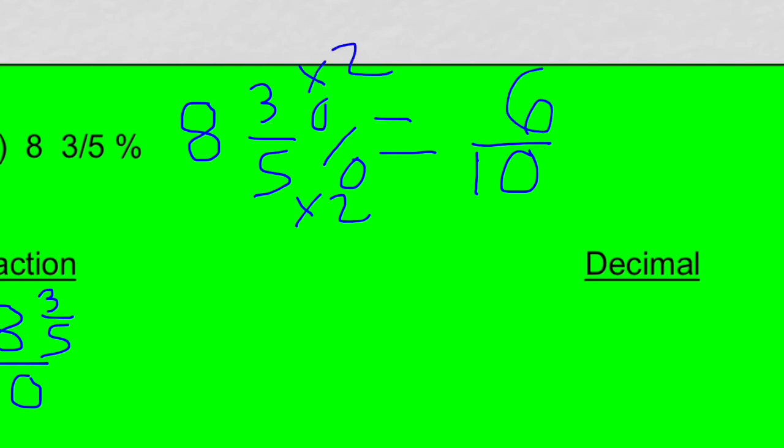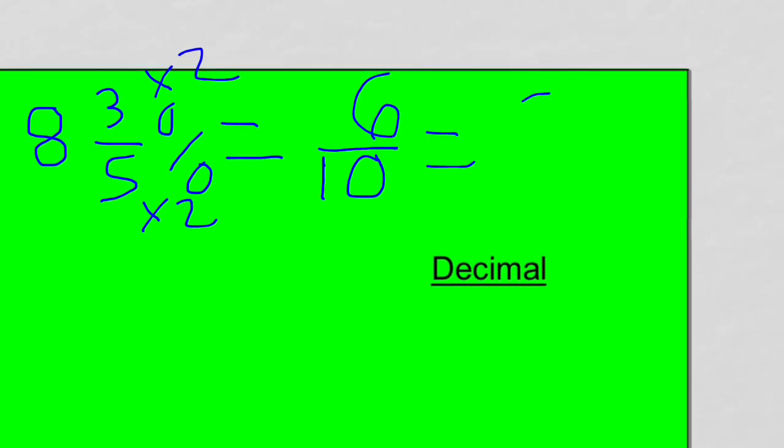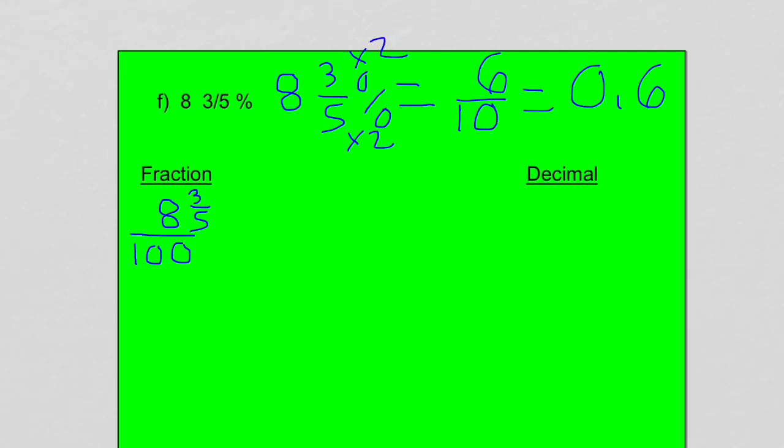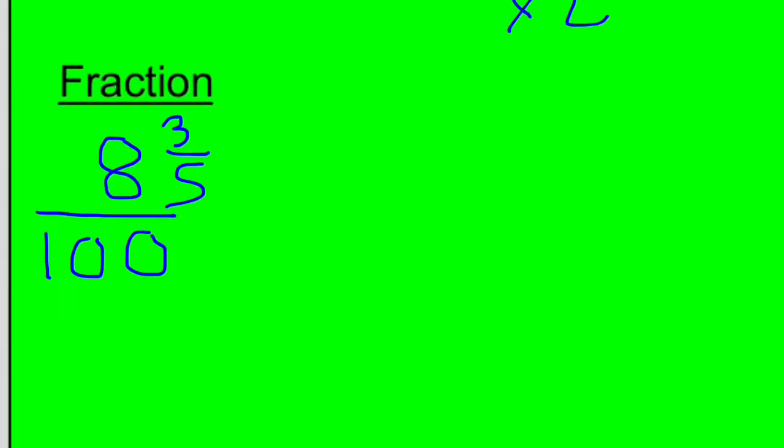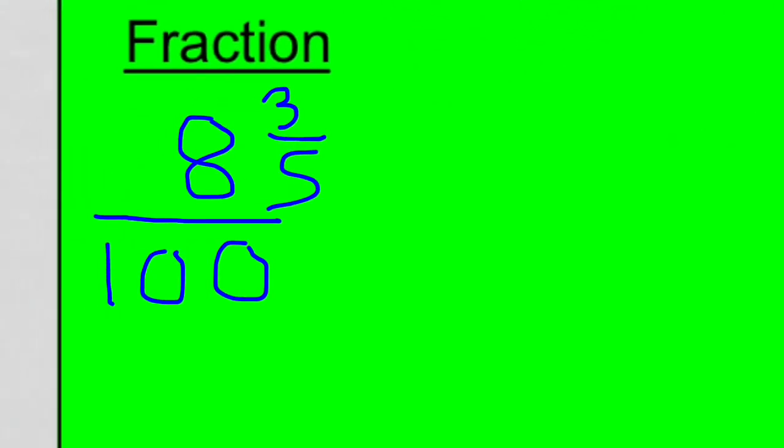That's 6/10, and that's 0.6. So I've made 3/5 into 6/10, so I'm going to grab my trusty eraser, bye-bye 3/5, but I'm going to replace you with your decimal equivalent, decimal 6.